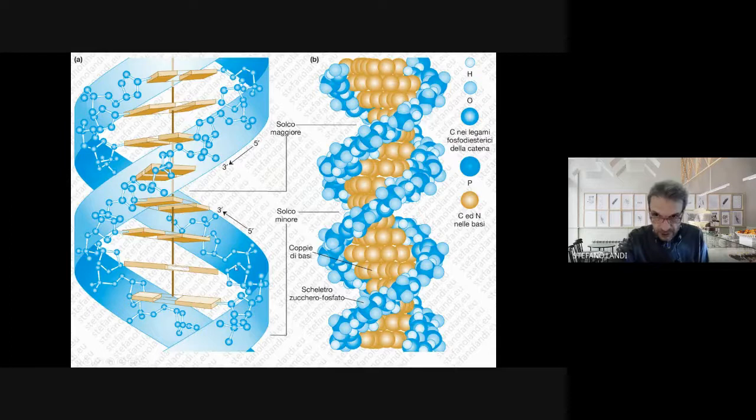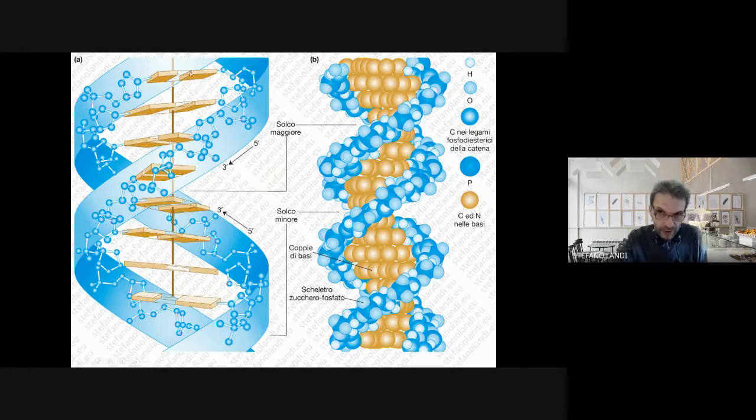This other picture actually shows the 3D structure. It's not easy to detect the deoxyribose and phosphate in this messy picture here, but you can see that the bases, pyrimidines or purines, are planar because they are all aromatic molecules.